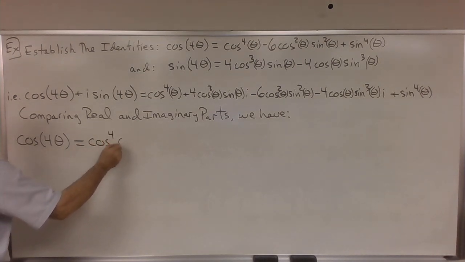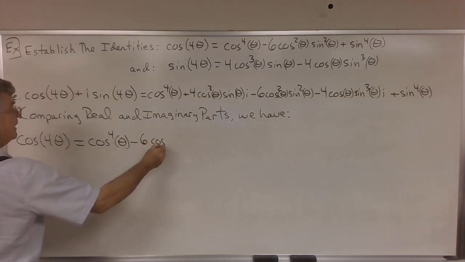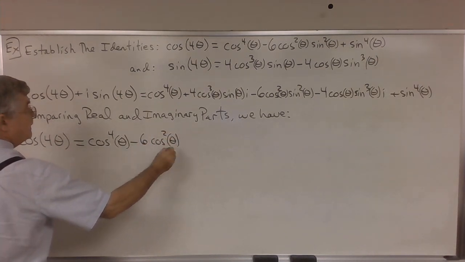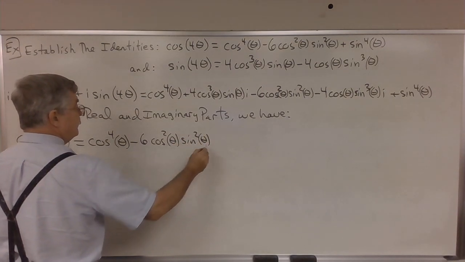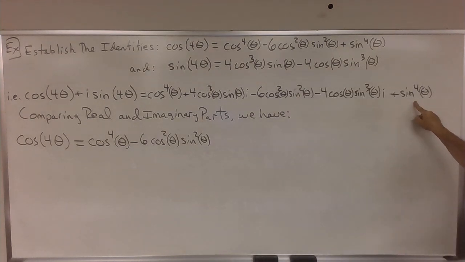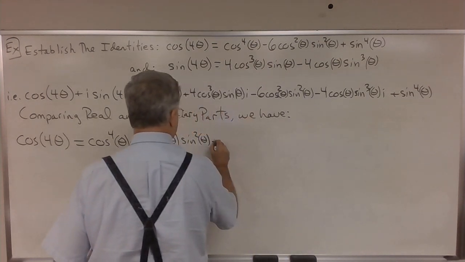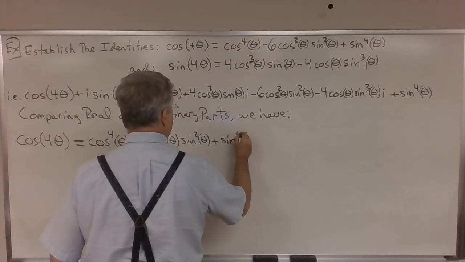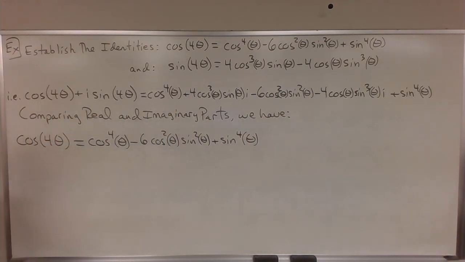Cosine to the 4th theta minus 6 cosine squared theta sine squared theta plus sine to the 4th theta. These are the real parts on both sides.